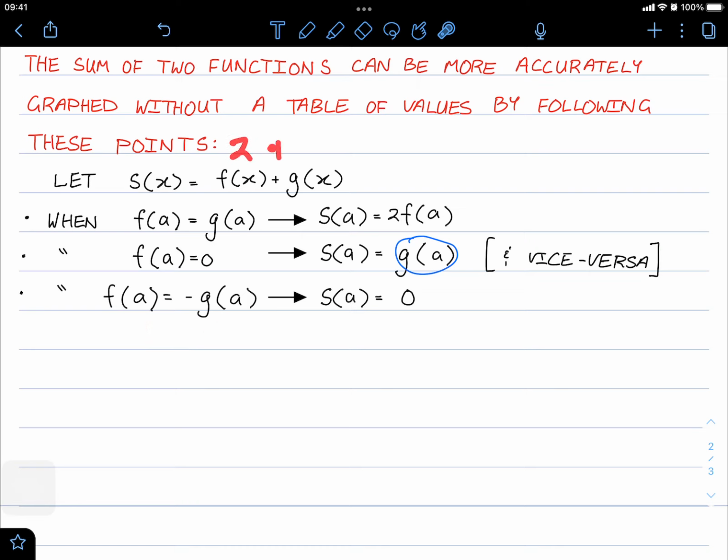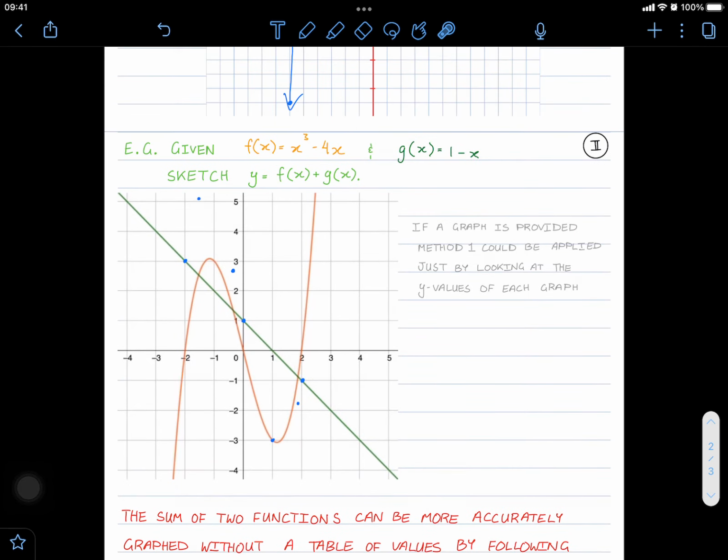So 2 plus negative 2, these two cancel, giving us 0. And vice versa. Let's say f was negative 3 and g were positive 3. Adding these two would give us 0. Now what this looks like in the graph, I'll demonstrate to you here.